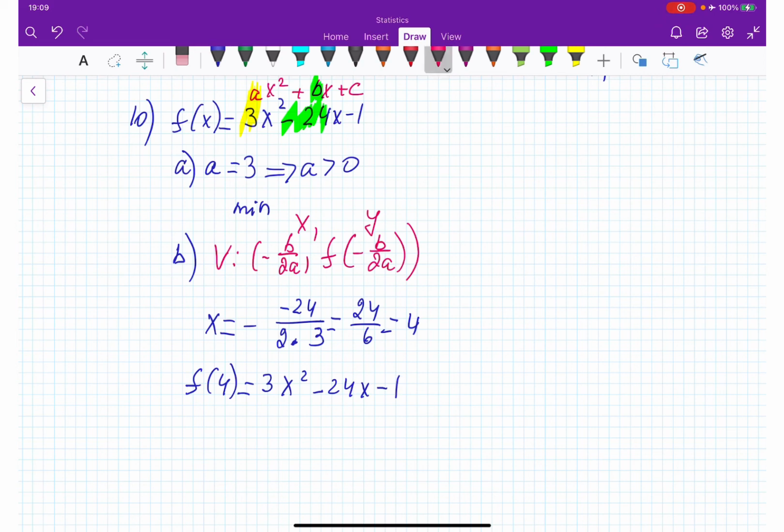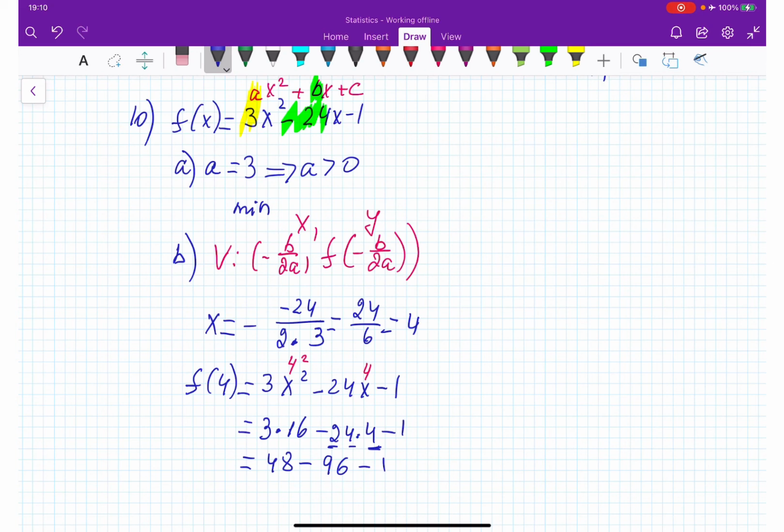So here we're plugging in 4. It's going to be 3 times 4 squared, which is 16, minus 24 times 4, minus 1. The result is 3 times 16, which is 48, minus 24 times 4, which is 96, minus 1.